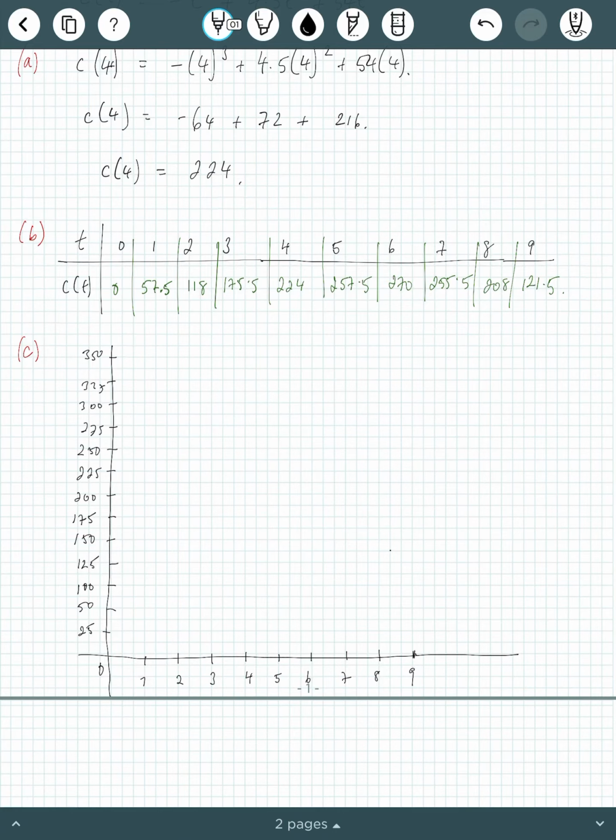Now, what we've got to do, lads, is plot our points. So we start down here, 0, 0. 57.5. I'm sure it'll be a lot more accurate than mine, lads. 118. 3 is 175.5. 4 is 224, should I say?